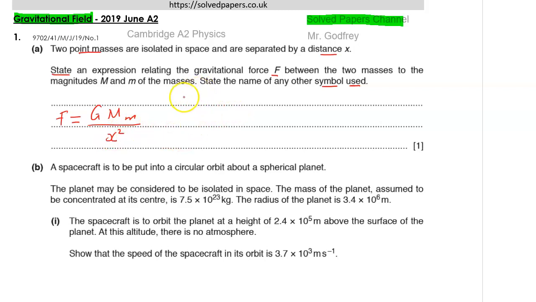Of course, you can specify this by saying where F is gravitational force.